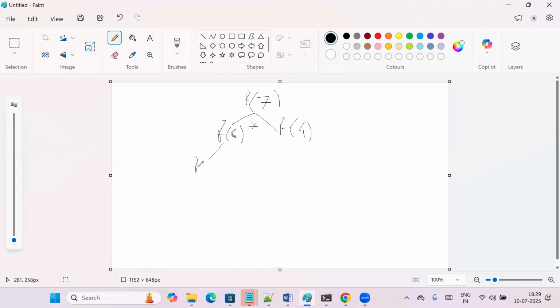Any other answer? If you are getting a different answer, guys, only one person is correct, right?